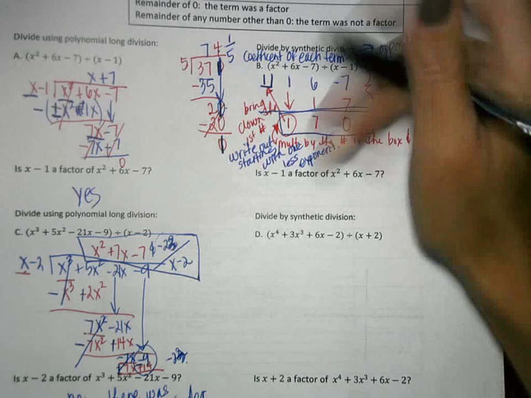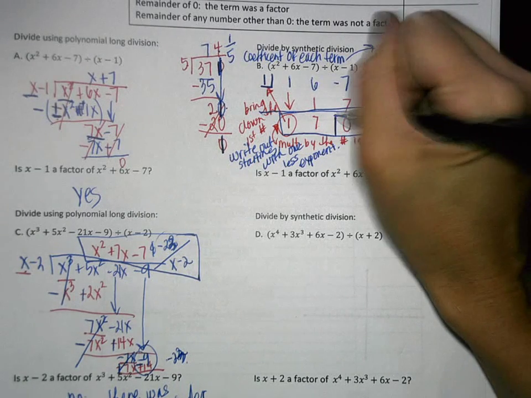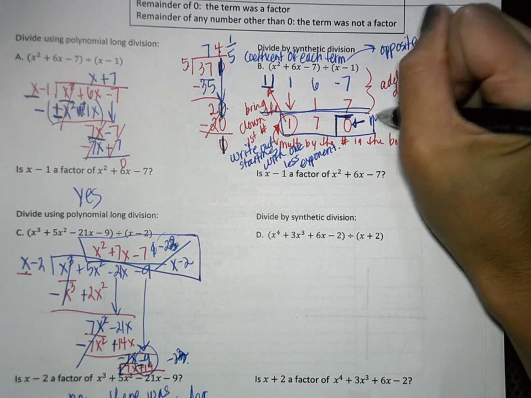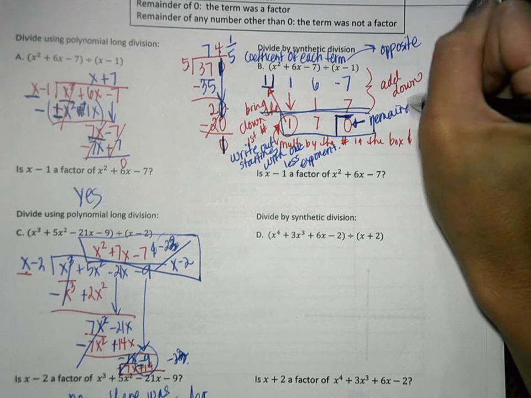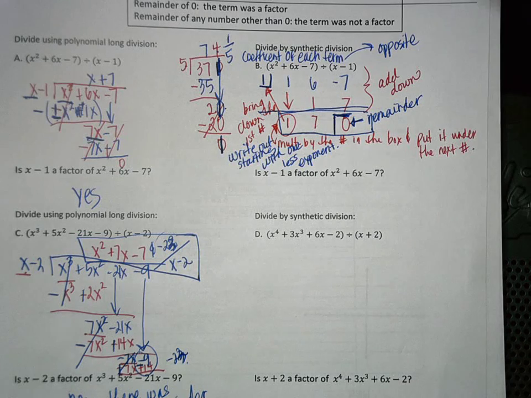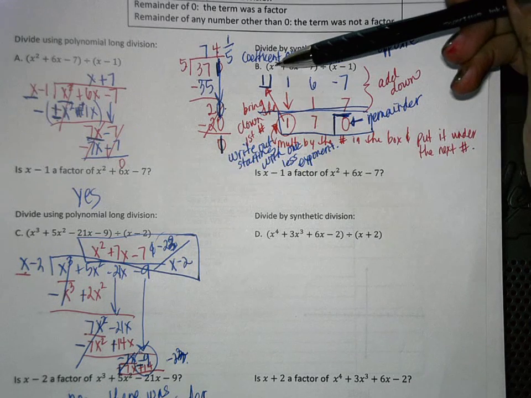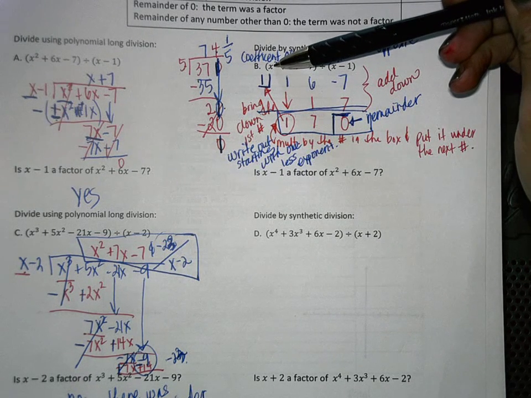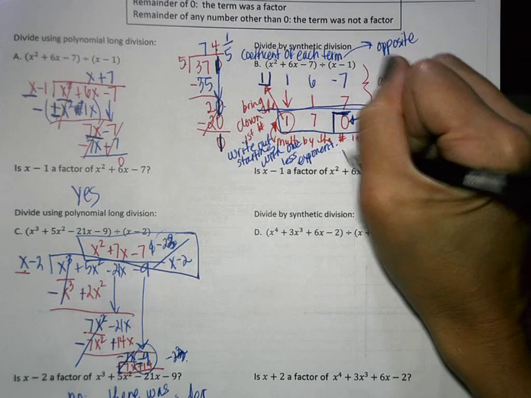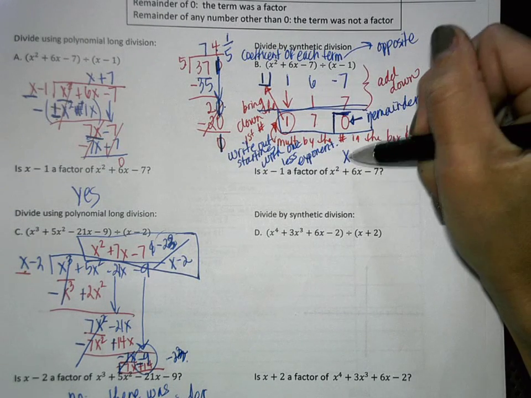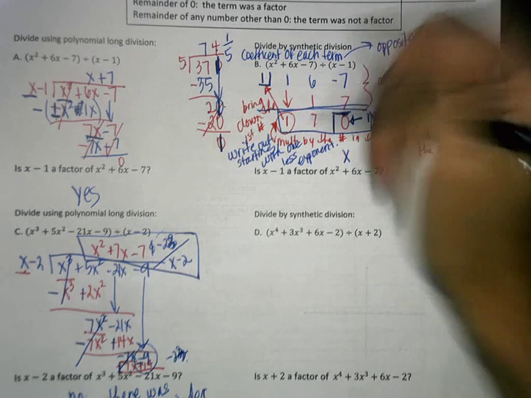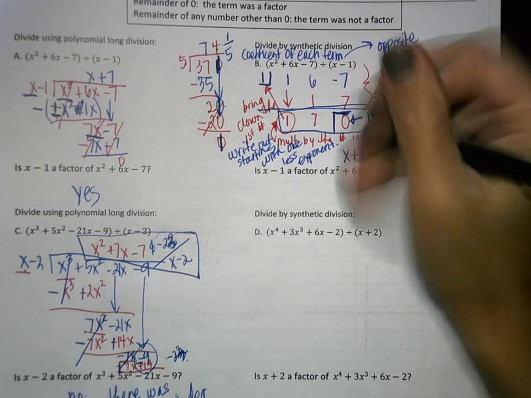This number right here is the remainder. So there's no remainder on this one because the number is 0. So what is 1 less than x squared? That would just be x. And once I take 1 less than x to the first, there's no x. So this will be x plus 7 is my answer.